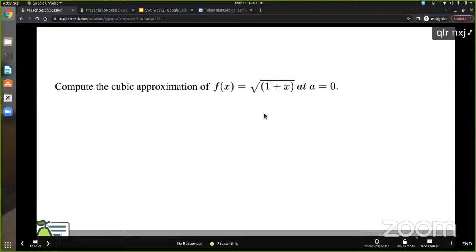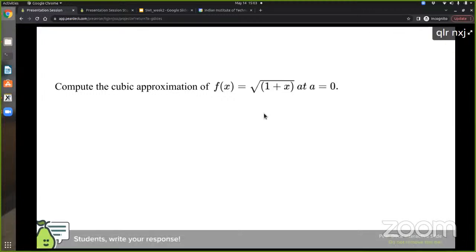So you have to give the cubic; cubic and quadratic are the same? Quadratic is second order.